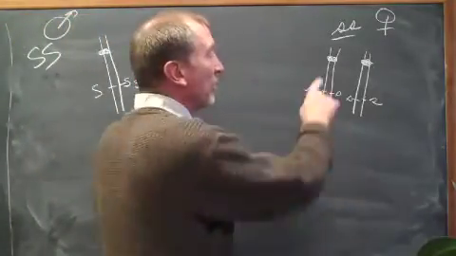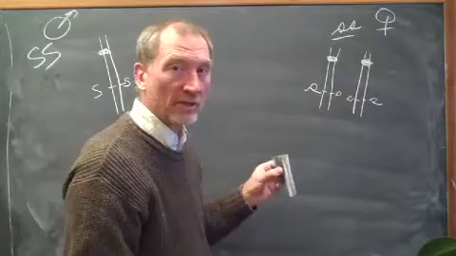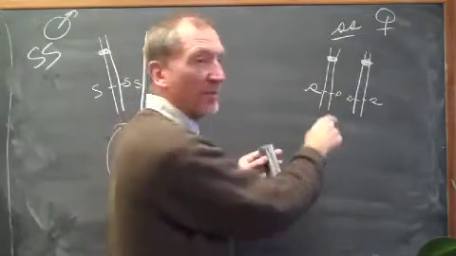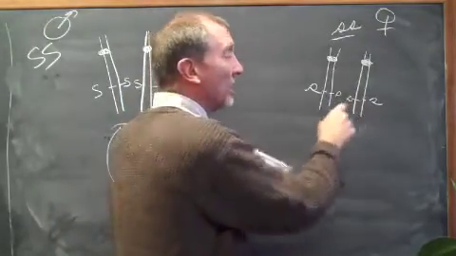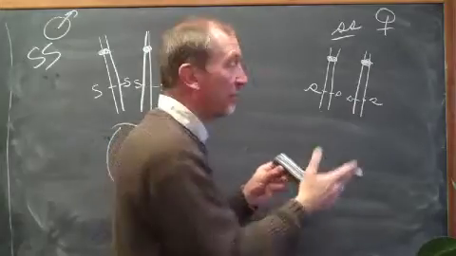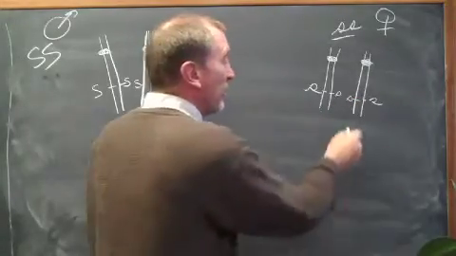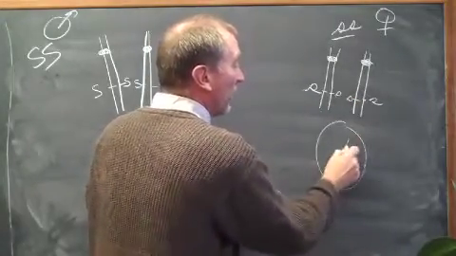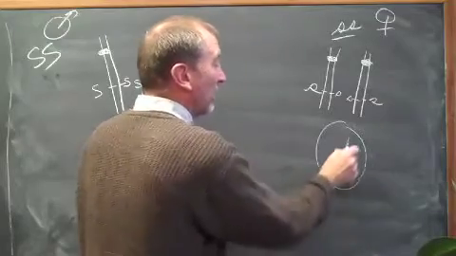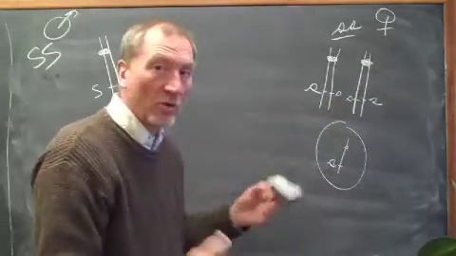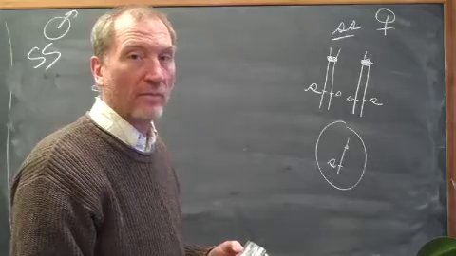In contrast, when we take a look at the homozygous recessive, the only possible allele in the gamete from this parent is going to be the small s allele, because when we look at the sister chromatids, that's all that's there.